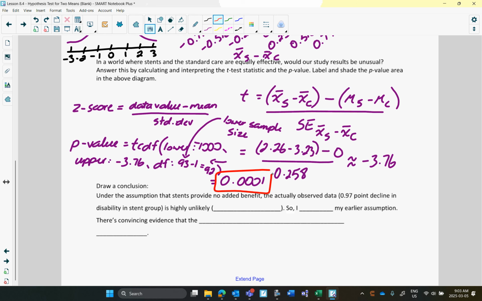Under the assumption that stents provide no added benefit, the actually observed data, a 0.97 decline in disability score, is highly unlikely because the p-value is so low. So I reject my earlier assumption, or the null hypothesis.